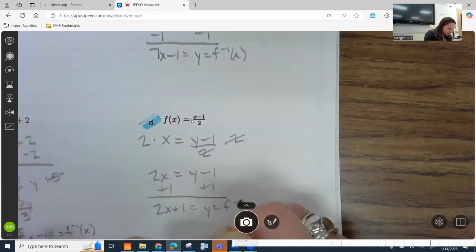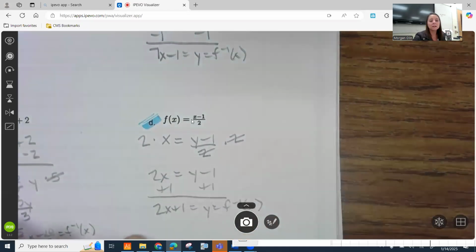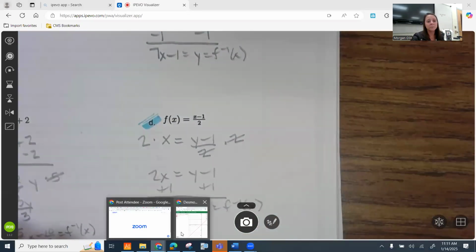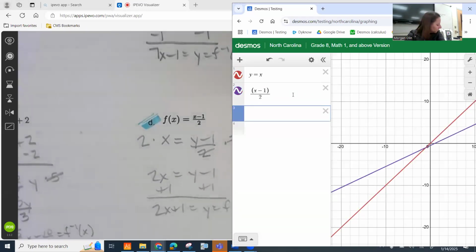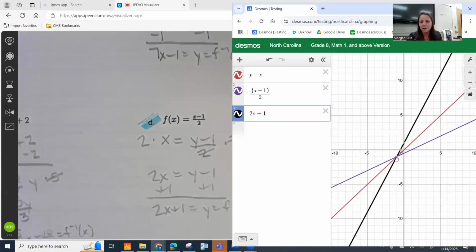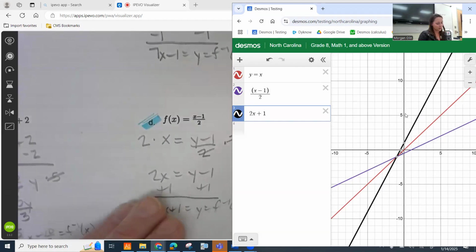So this is the inverse. Again, double check. x minus 1 was our original problem divided by 2, and then we got 2x plus 1. Notice that they all intersect on this line. This does appear to be a reflection over that.